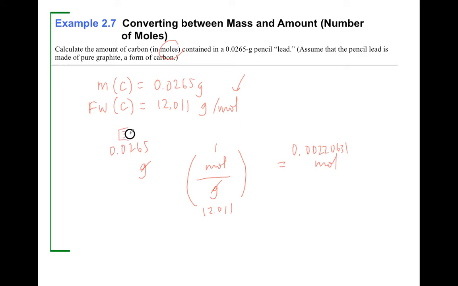There are 3 sig figs in this number, 5 sig figs in this number. So we have to say it in 3 sig figs, 0.00221 moles of carbon. Okay, so there's our answer for that one.